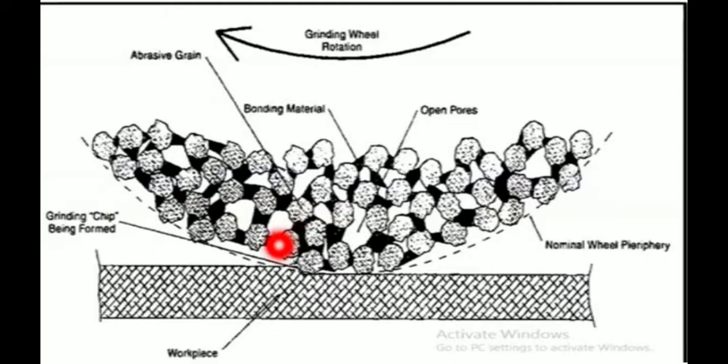And after more use, these sharp cutting edges of the abrasive particles wear out, and due to the wearing of the abrasive particles, the surface becomes smooth. What is shown in the dotted line is the cutting edge of the abrasive particles after wearing, when they become worn out.